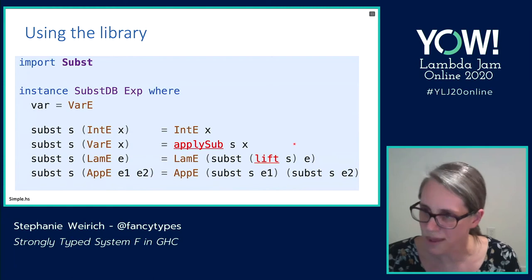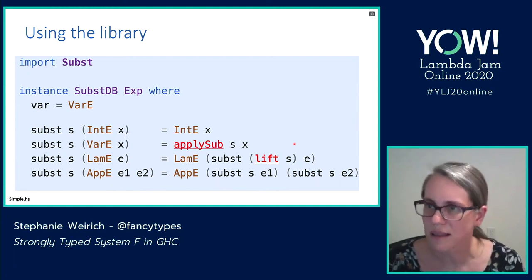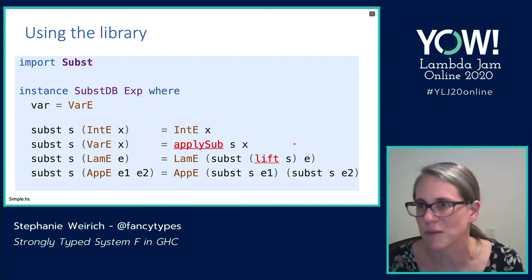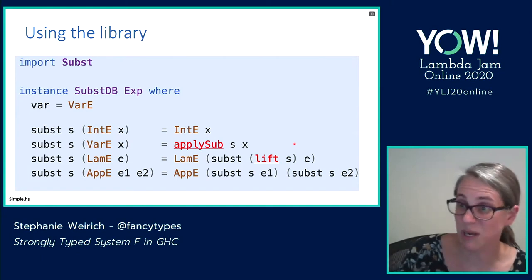And boom, once we do that, now we have substitution for our particular lambda calculus. And we didn't have to think about shifting or decrementing or incrementing variables at all. We just thought about it in terms of looking up substitutions and modifying substitutions as we go under binders.